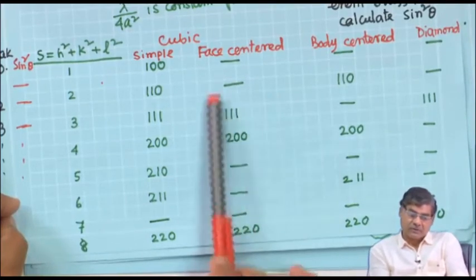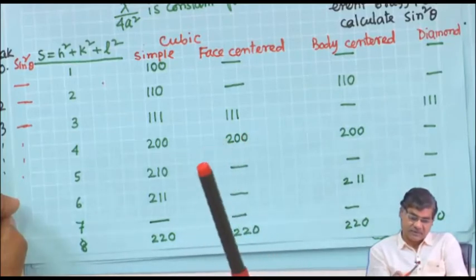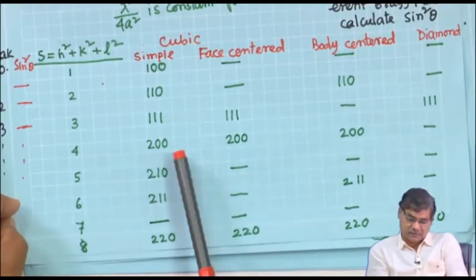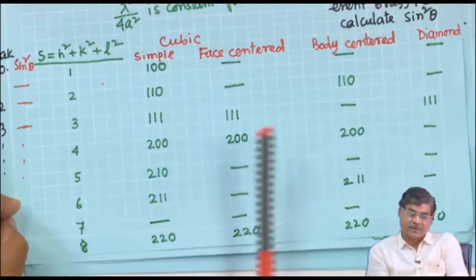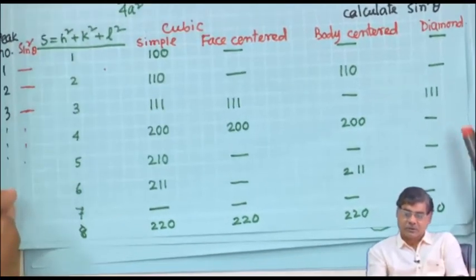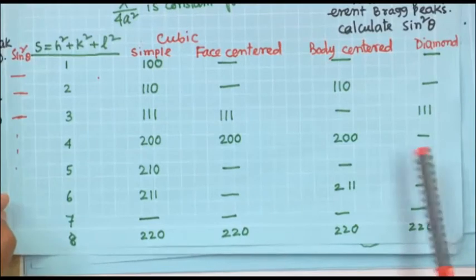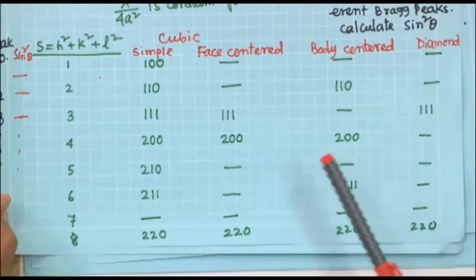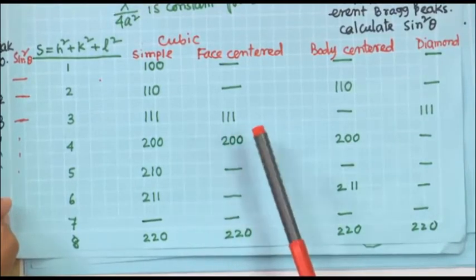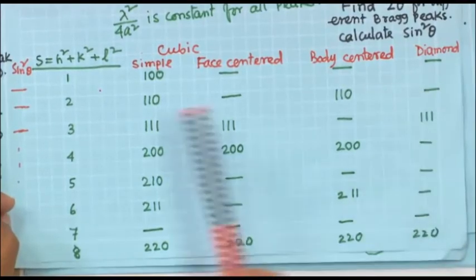That way you can identify that in simple cubic all sorts of planes are there, while for face centered cubic, body centered cubic and diamond only some peaks will be available. From that itself you can identify whether the cubic structure is face centered, body centered, diamond, or simple cubic.